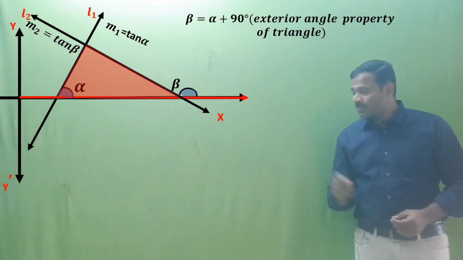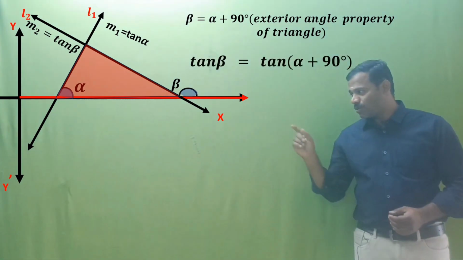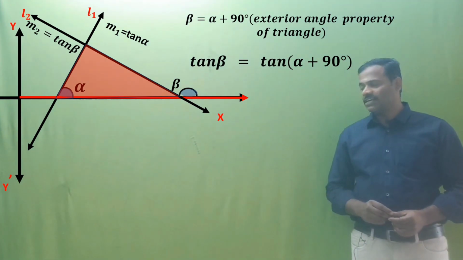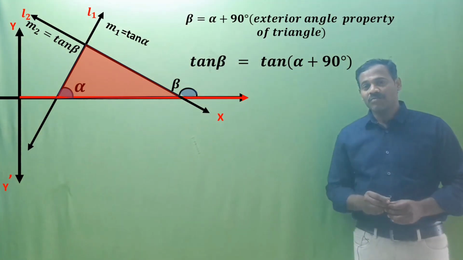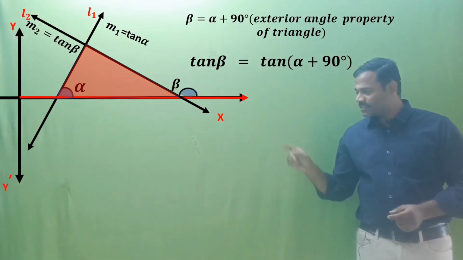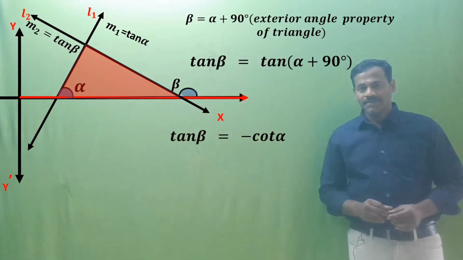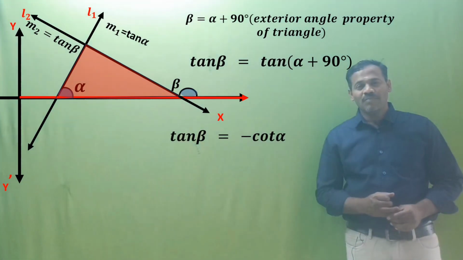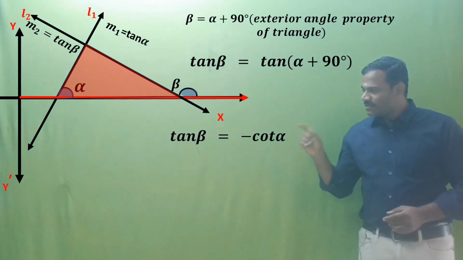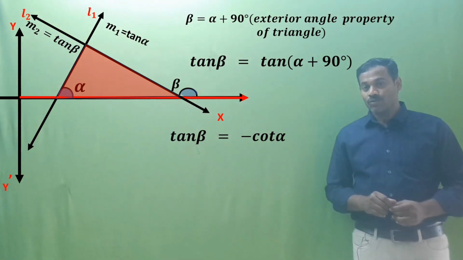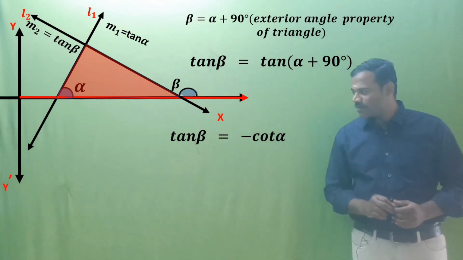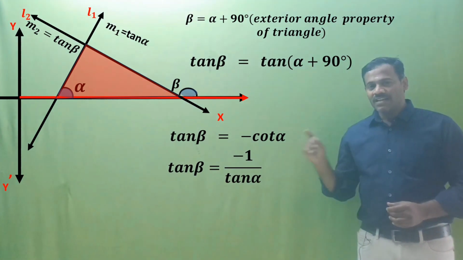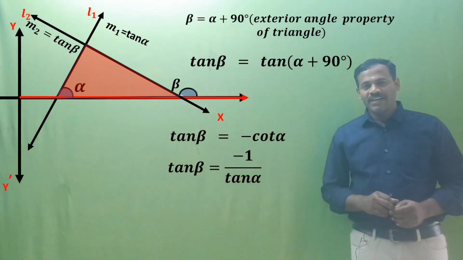So tan beta is equal to tan of alpha plus 90 degree, and this tan of alpha plus 90 degree can be written as minus cot alpha. So tan beta is equal to minus cot alpha. And again this cot alpha can be written as 1 by tan alpha, so minus 1 by tan alpha. So tan beta is equal to minus 1 by tan alpha.